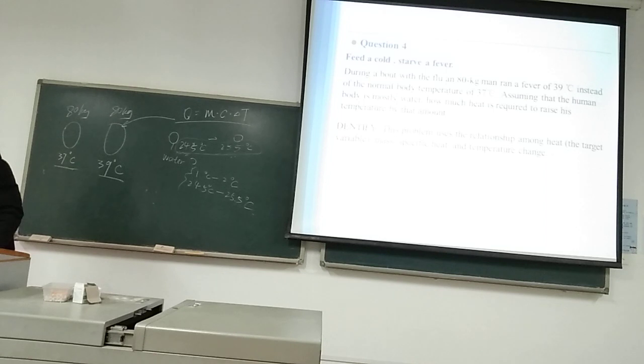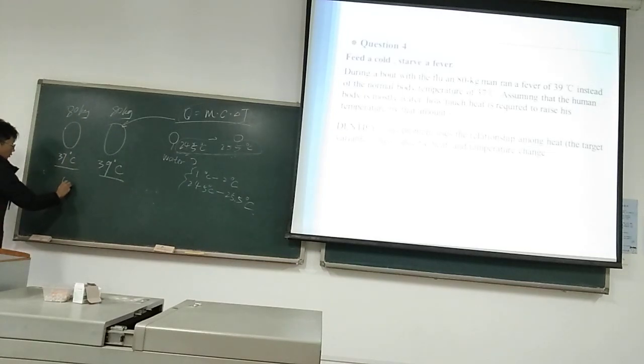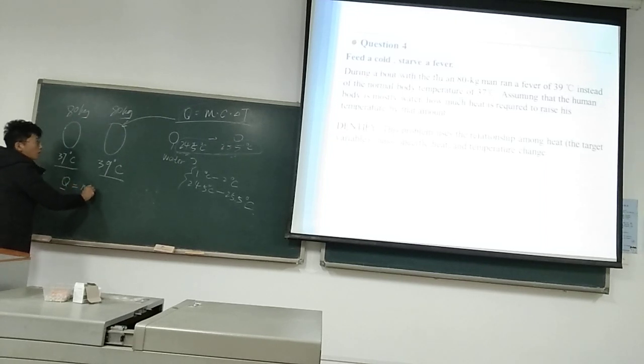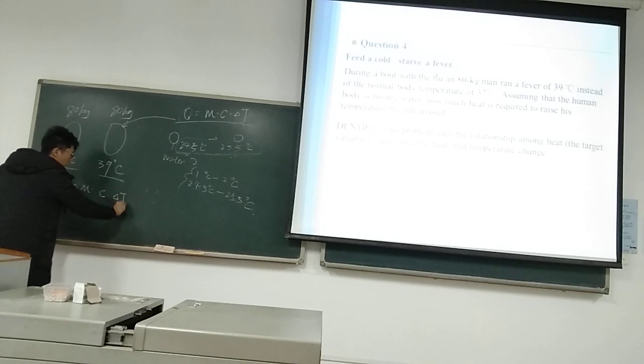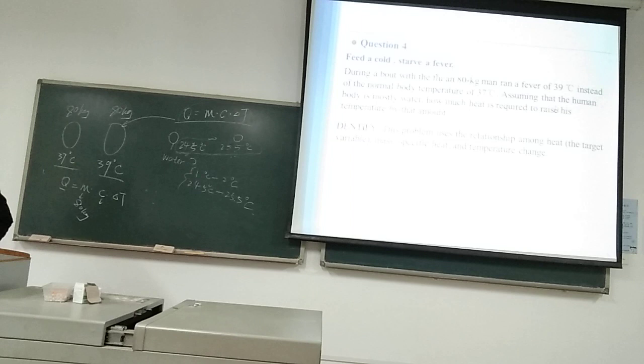This problem uses the relationship among heat, mass, specific heat, and temperature change. In this equation, what we want to know is the heat. What is known? m, c, delta T. The mass of the body is known, of course, 80 kilogram. The specific heat of the body: since the human body is mostly water, it is treated like water.